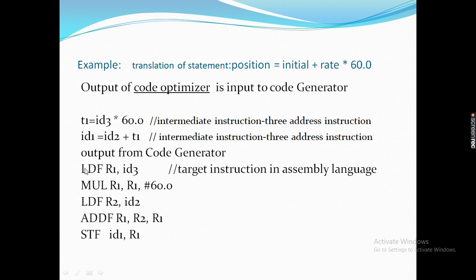I said the code generator performs 3 major tasks. The first one is instruction selection. Instruction selection means selecting the appropriate instruction from the instruction set to translate each intermediate instruction. You know instruction set, what is instruction set?